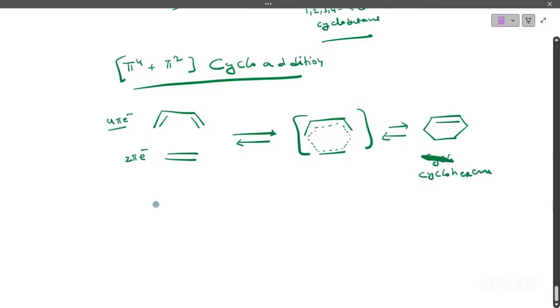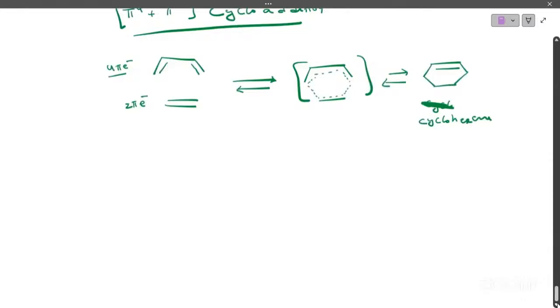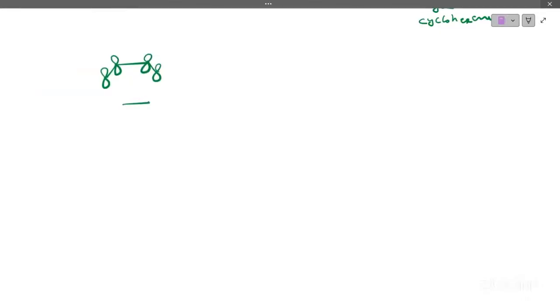Right. Now, how many stereochemical modes can it participate in as per the previous observations? In all, the stereochemistry of cycloaddition reactions is shown in four modes. This is a 4 pi electron system.